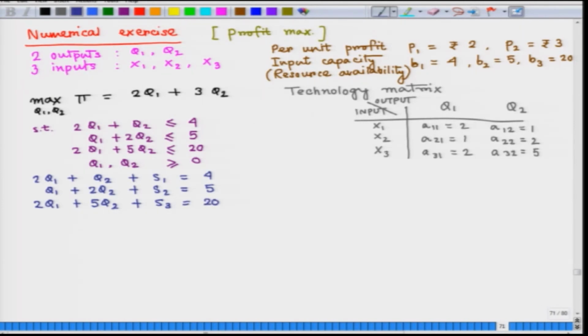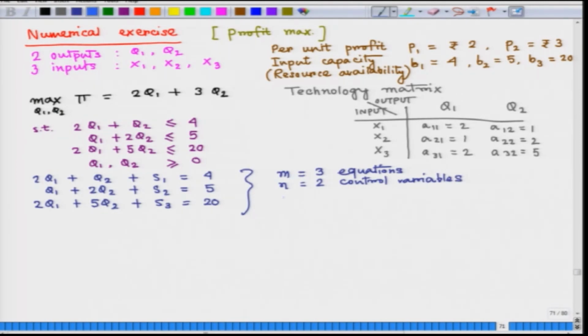Okay. So, then basically what do we get? We get 3 equations and 2 control or decision variables. Okay.